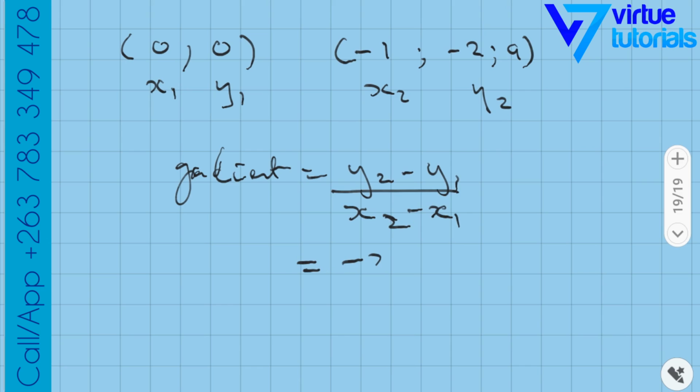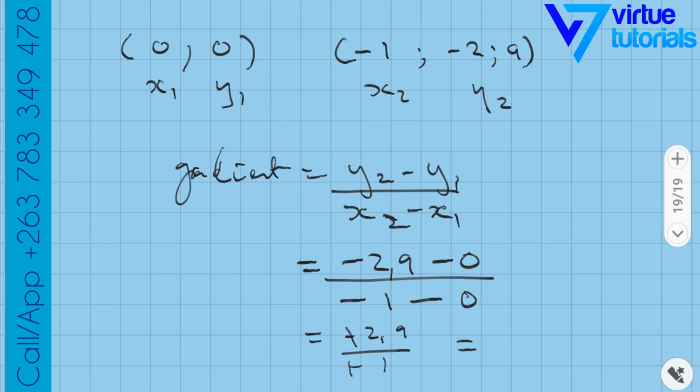That's going to give us minus 2.9 minus 0 over minus 1 minus 0. So this is going to give us minus 2.9 over minus 1. The minus signs cancel, so it is 2.9 over 1. We get our gradient of 2.9. So that's the simple process of calculating the gradient of a curve.